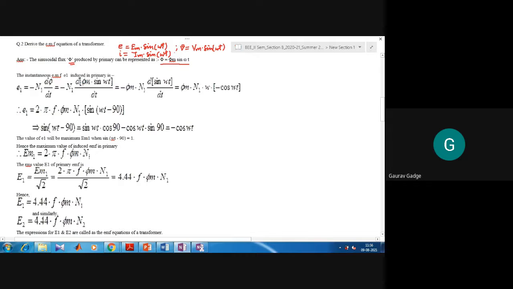In a similar way, the instantaneous equation for flux can be written as phi is equal to phi m sin omega t.